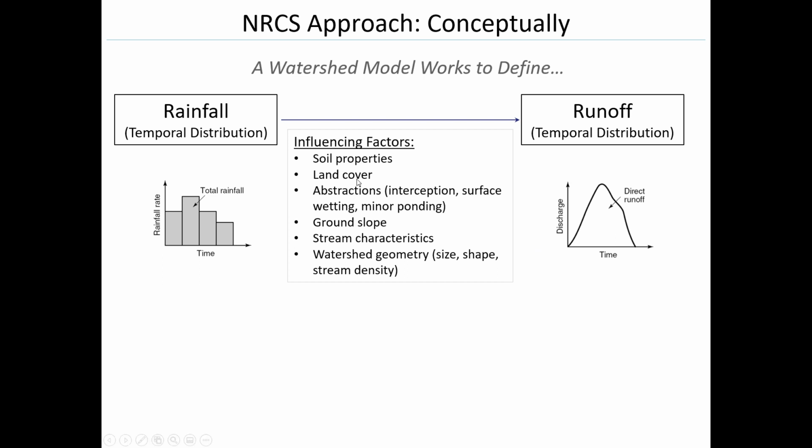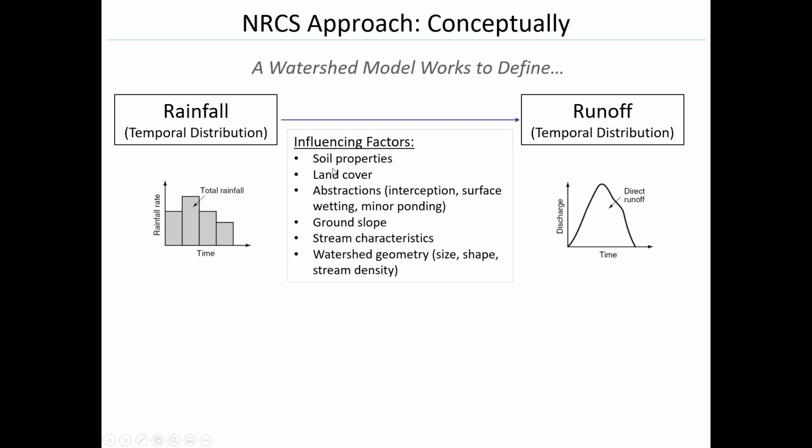Things like land cover and the disruption to a watershed that occurs when previously native habitat is replaced with pavement and roof area. So the NRCS model is going to try and account for different soil, different land cover.